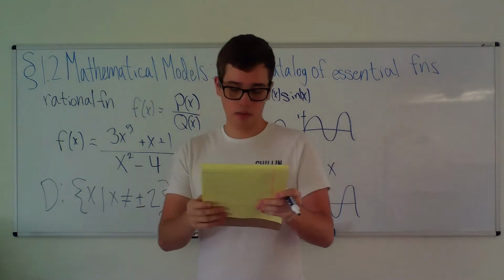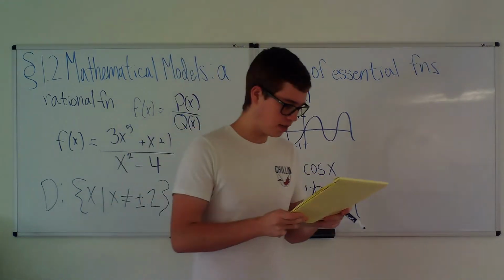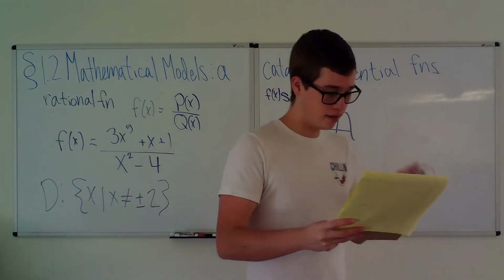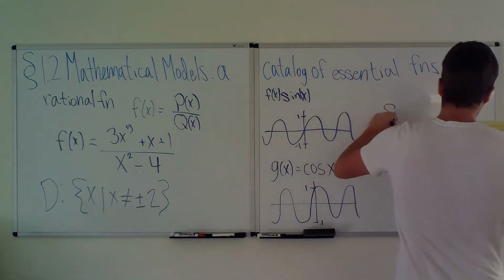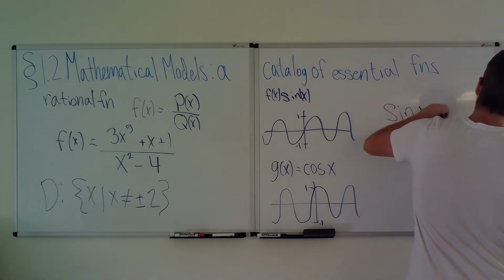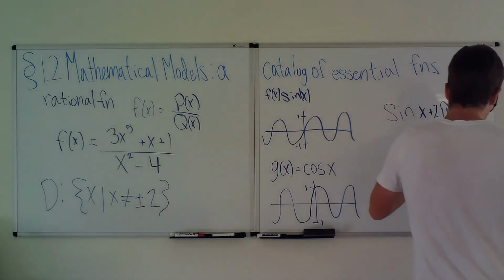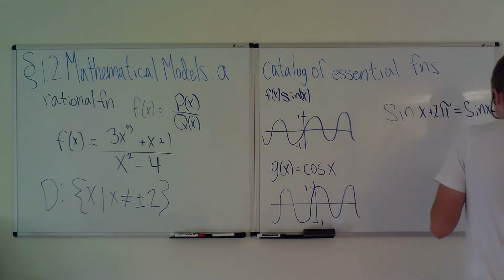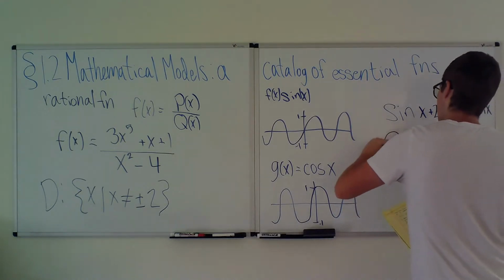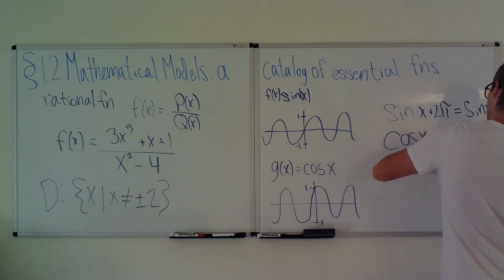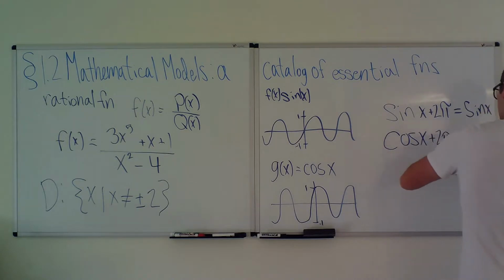An important property of sine and cosine is that they are periodic functions and have a period of 2 pi. This means that sine of x plus 2 pi is equal to sine of x, and cosine of x plus 2 pi is equal to cosine of x.